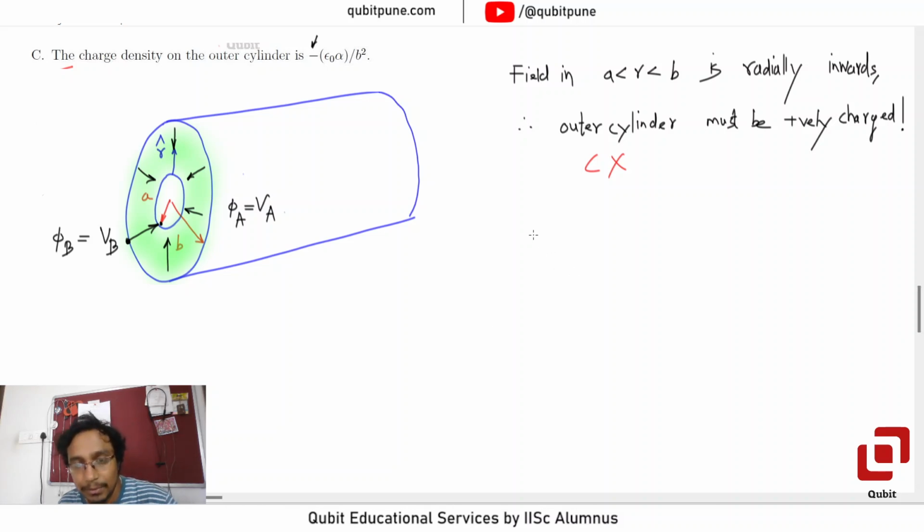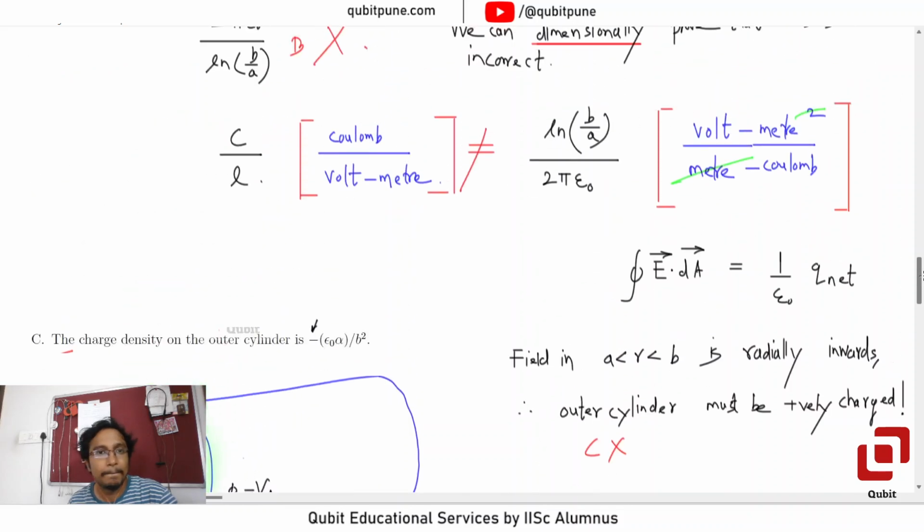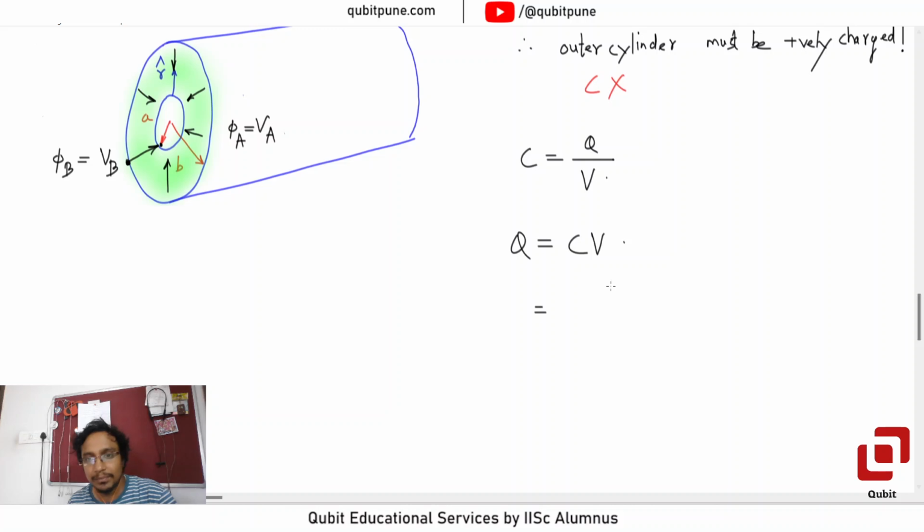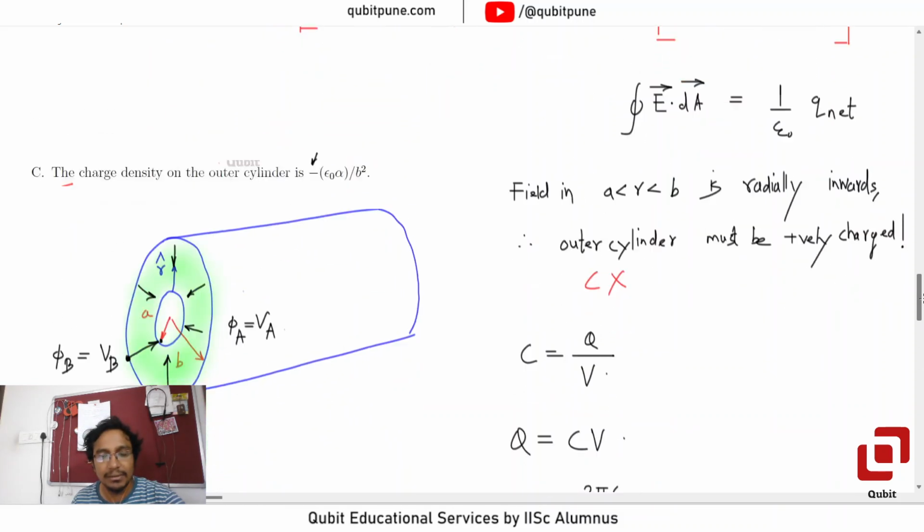C is equal to Q by V. So Q equals CV. Okay. Now what is C that we have calculated? 2 pi epsilon naught upon ln b upon a. What is V that we have calculated?